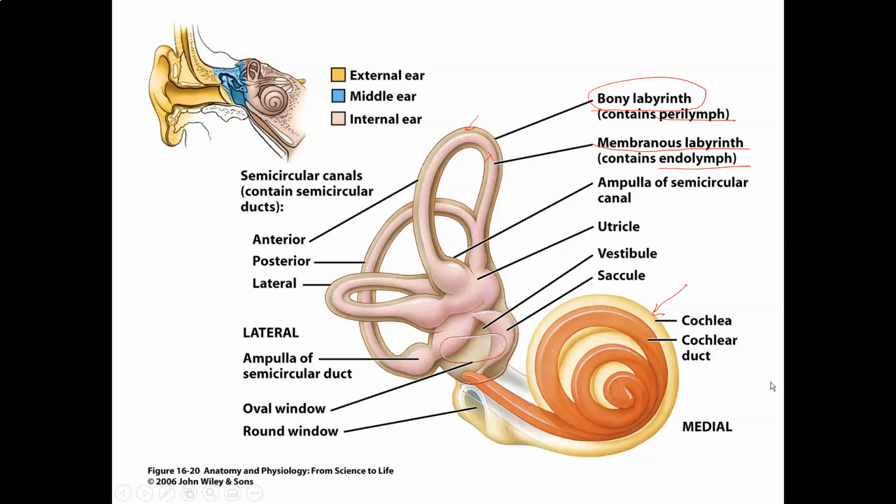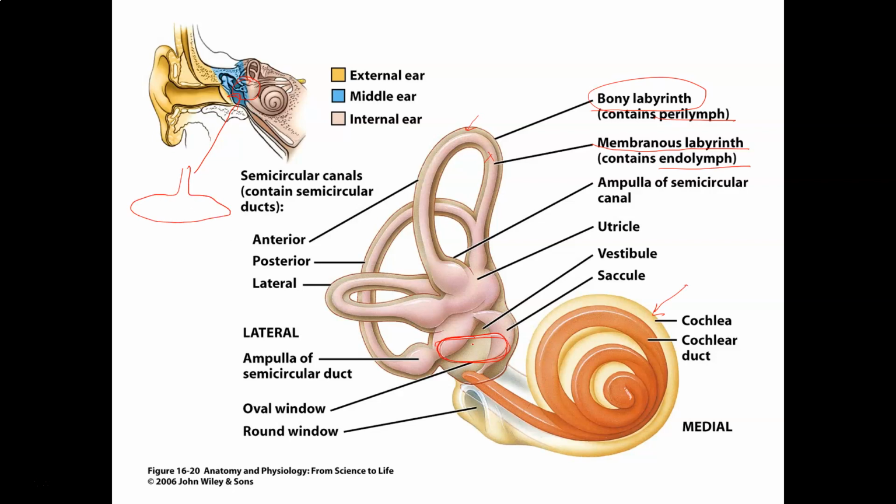Okay, and also let's look at this area right here called the oval window. It's a little hard to visualize, but the oval window is between your middle ear and your inner ear. And actually your stapes, which you're not seeing in this picture, oh, well, here it is up here. So remember the stapes? It looks like a little stirrup. If you look at the base of the stapes, it's oval shaped.